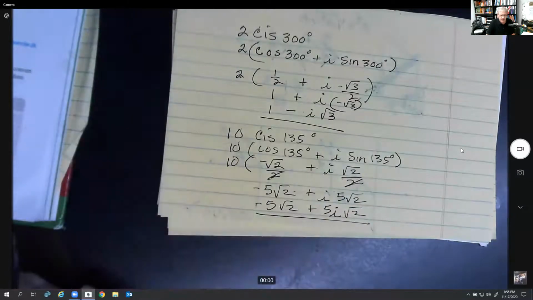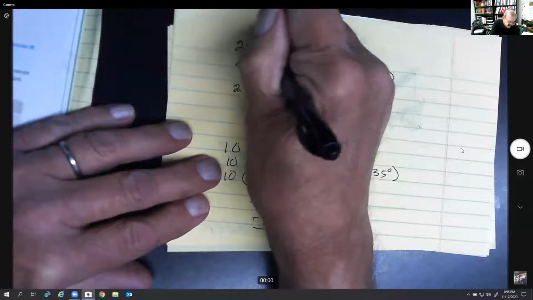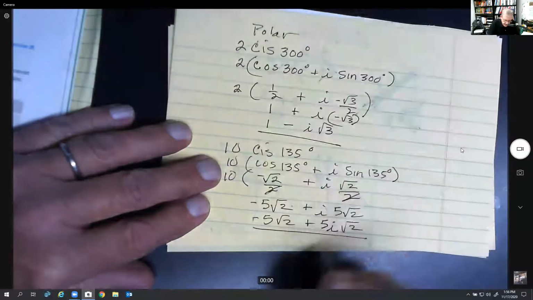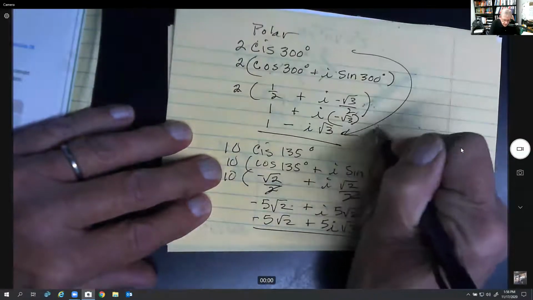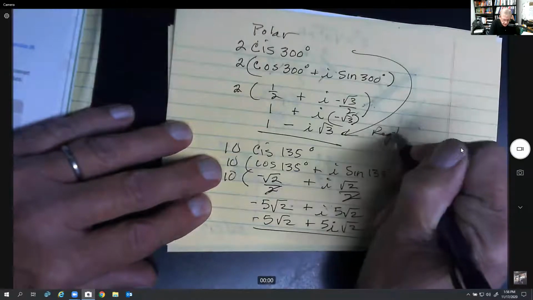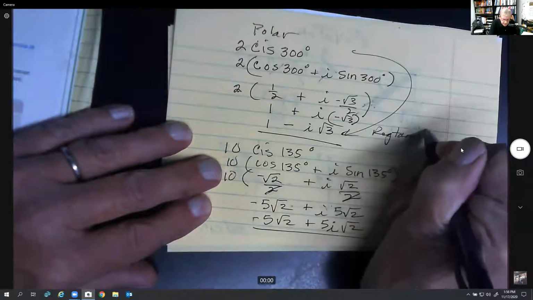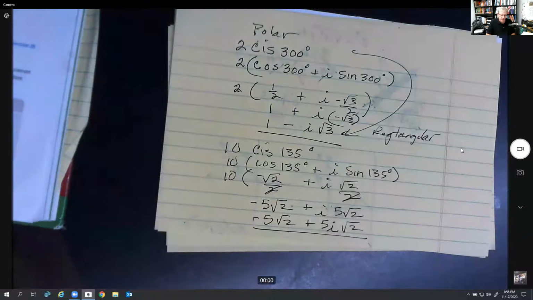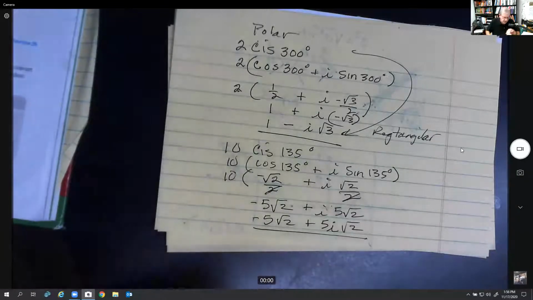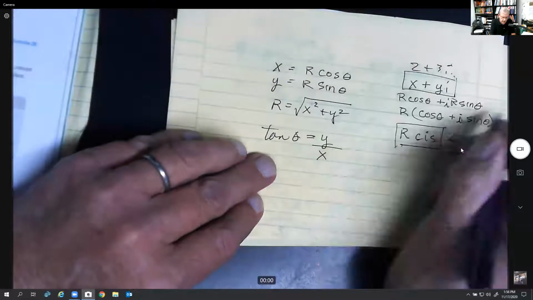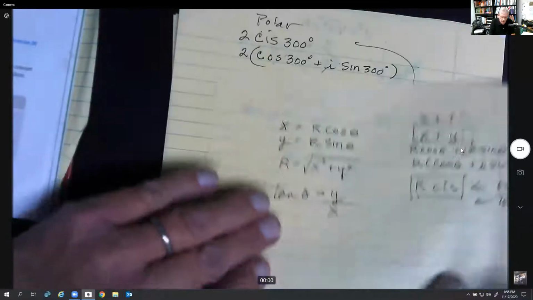Very easy to do, huh? Polar, rectangular, or algebraic. So we can convert it over. Now, we haven't used any of these little formulas, have we? Remember, we wrote down these formulas, but we're not really using them here. We're just converting over.